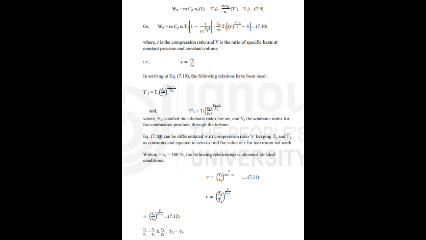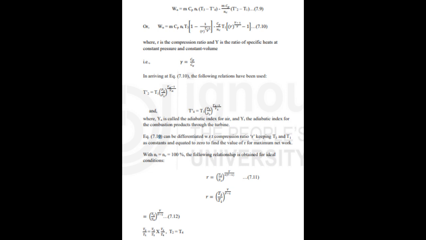Using equations 7.5 and 7.6, equation 7.4 becomes Wn = mt Cpt (T3 − T4') − ma Cpa (T2' − T1), (7.7). The mass of the air is usually large as compared to the mass of the fuel.